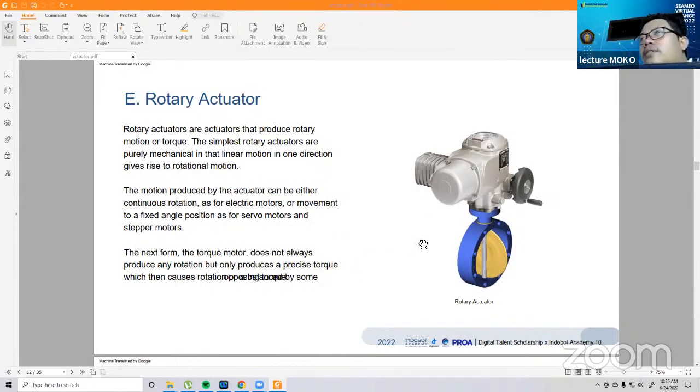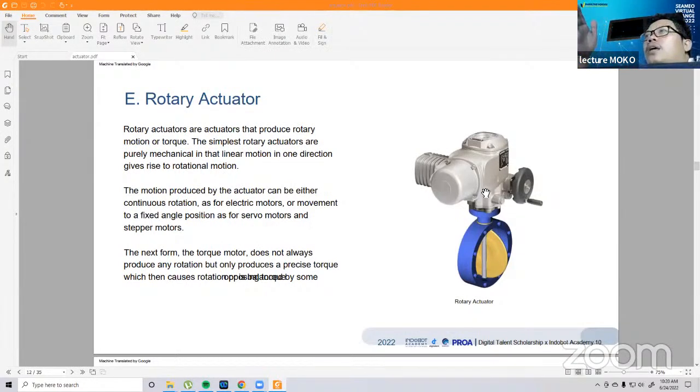And another type of this rotary actuator can move by our setting, by our controlling signal. It means it can be managed to open by ourselves.